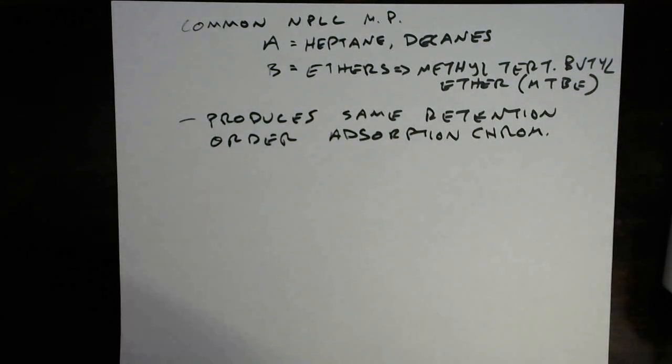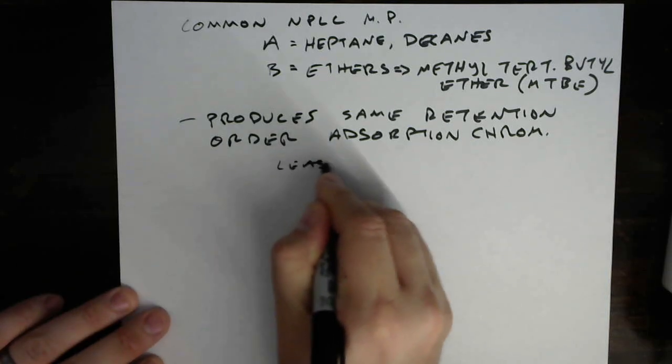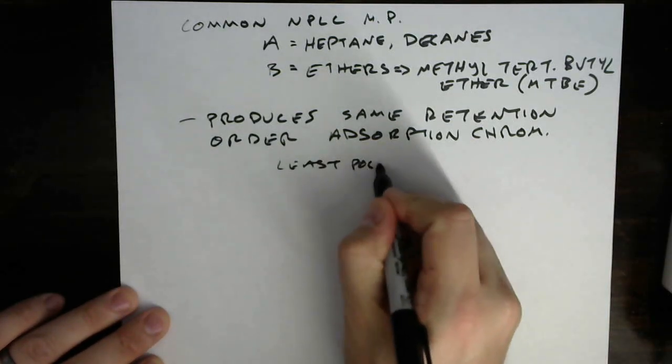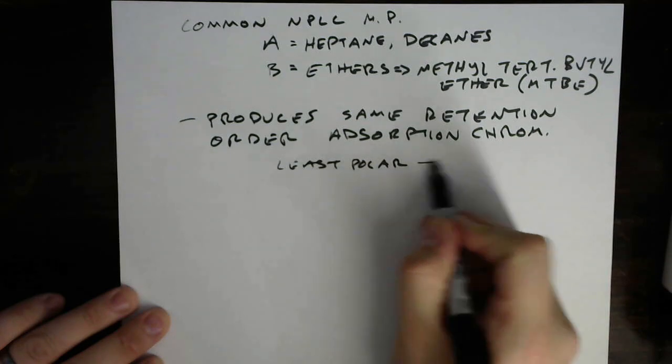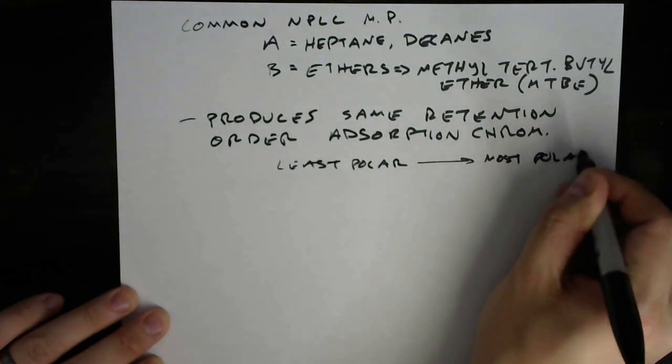It's going to do the least polar things will elute first, and the most polar things will elute last.